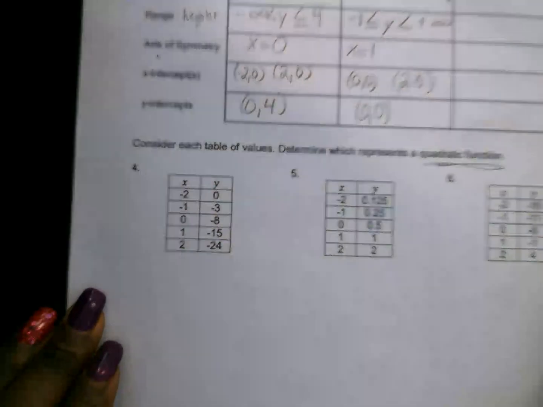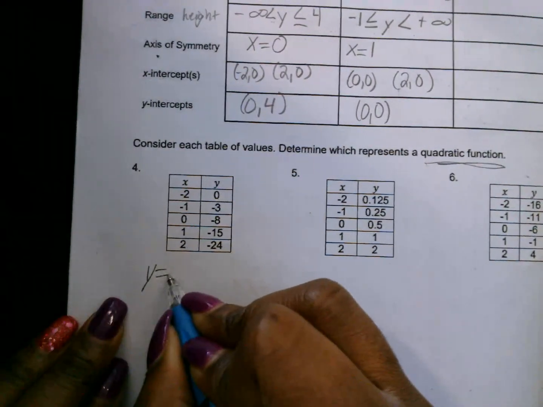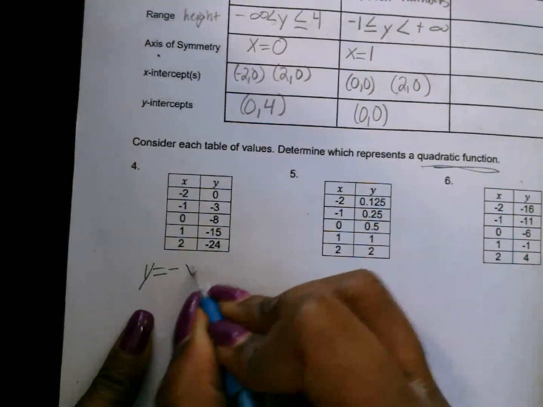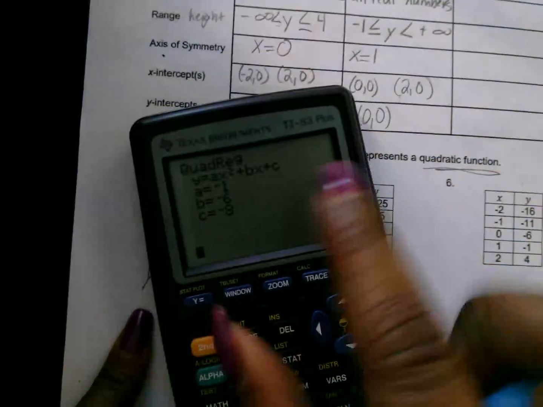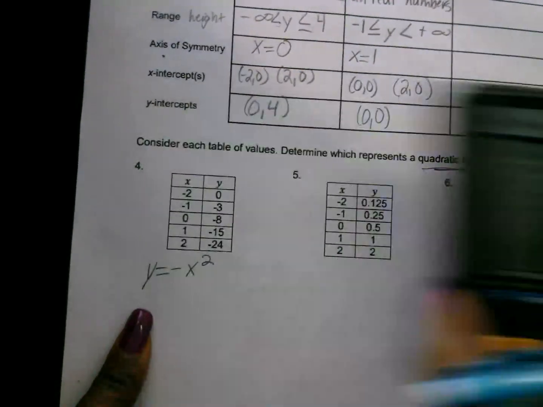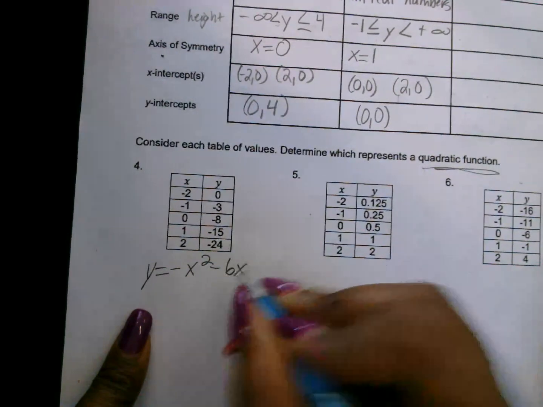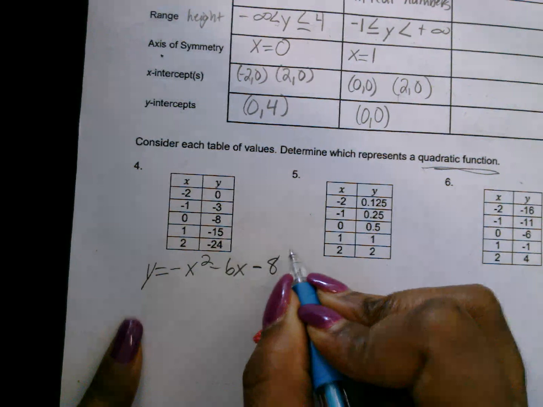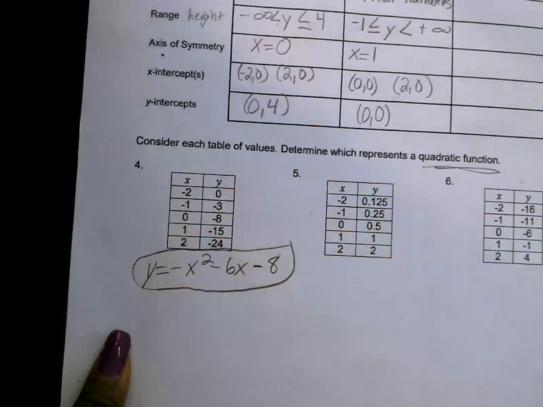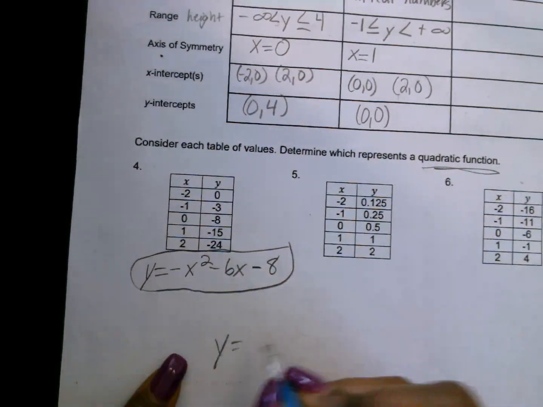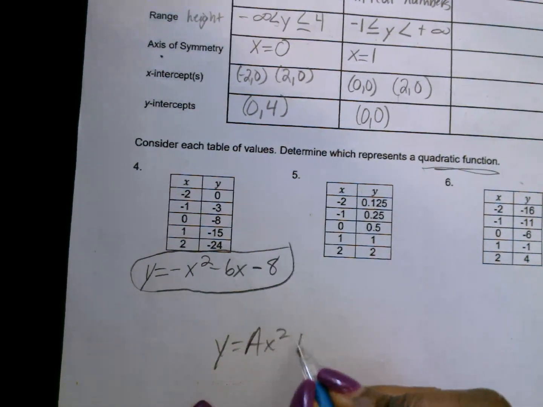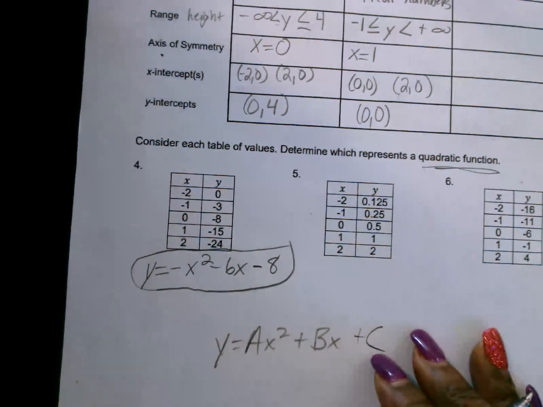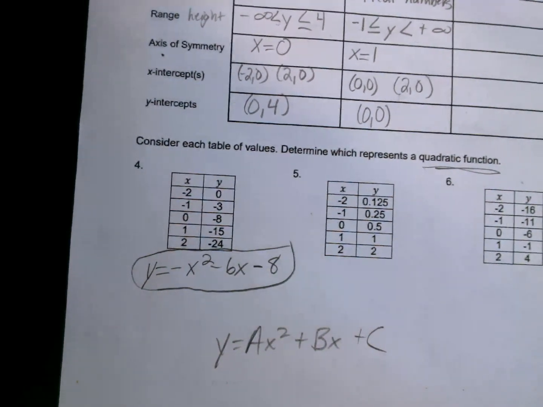Here we have y is equal to, our A is -1, so negative x squared, then 6 for B, and -8 for C. This is the equation. Remember, the quadratic form is y is equal to ax squared plus bx plus c. Any questions? You got it?